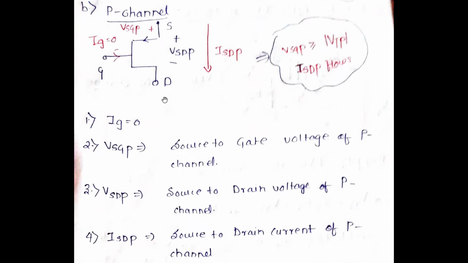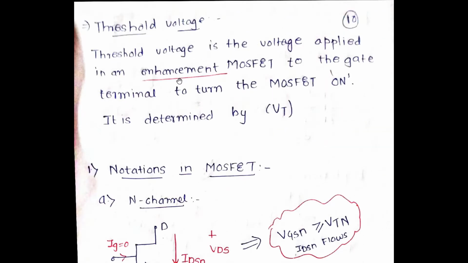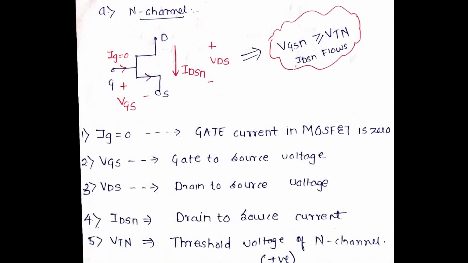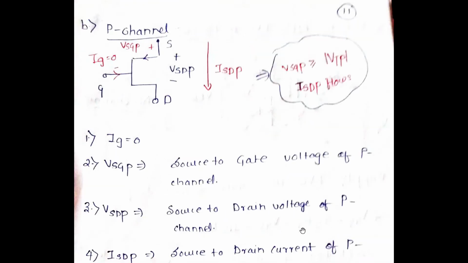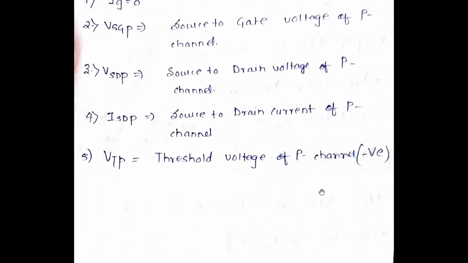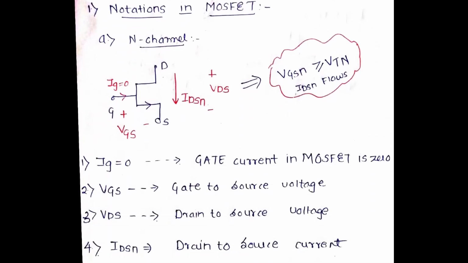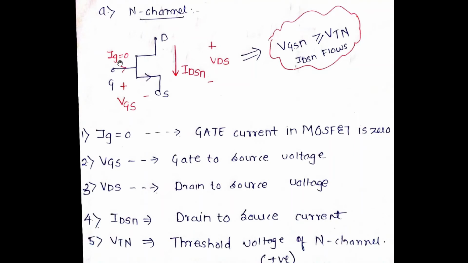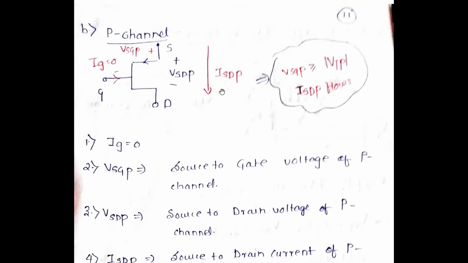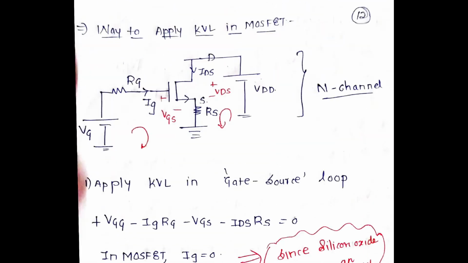Whereas in case of your P-channel, we have source to gate voltage and source to drain voltage, which is very important. Whereas the threshold voltage in case of your N-channel is positive and in case of your P-channel is negative. I hope I am very clear. Hence, I hope you understood what Ig being a gate current is, what gate to source voltage is, and what drain to source voltage is, which is very important.